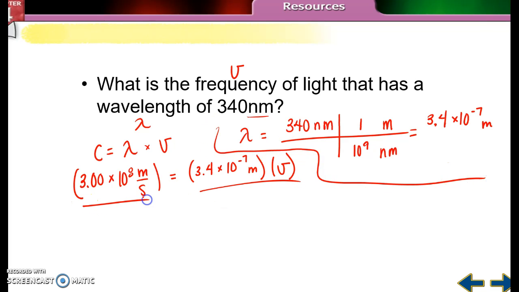So I divide both sides by 3.4 times 10 to the negative 7th meters. On the right side, that ends up canceling.